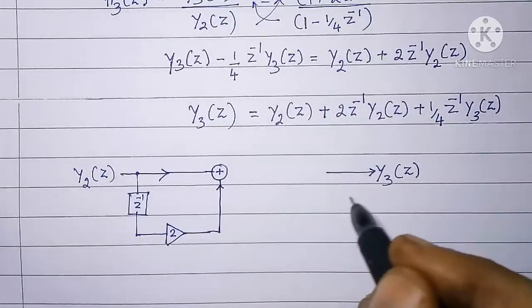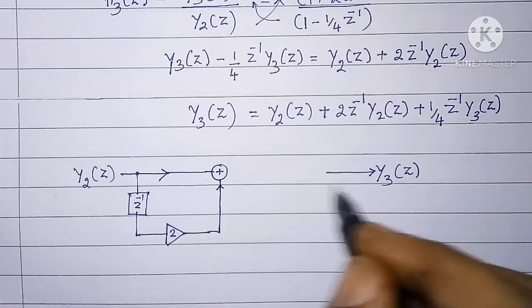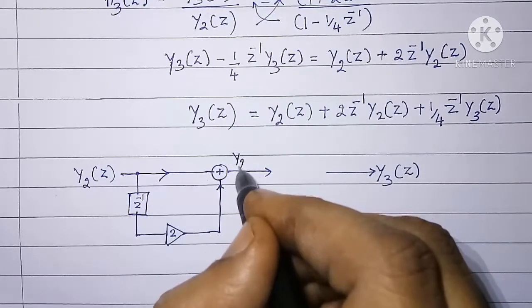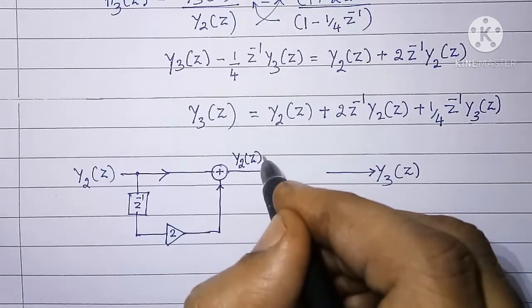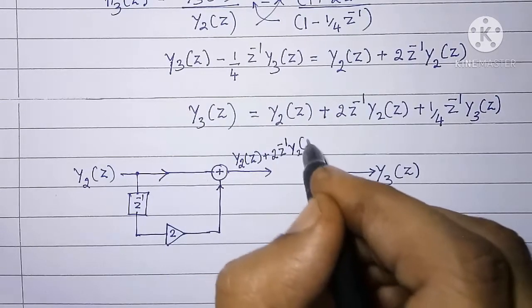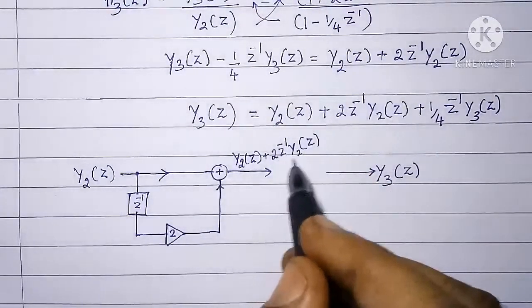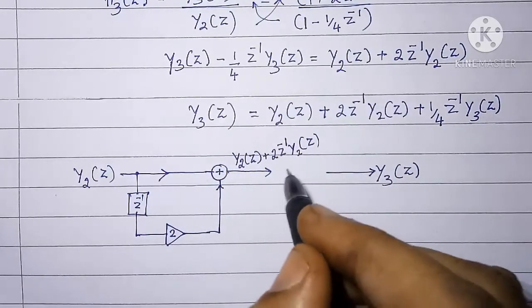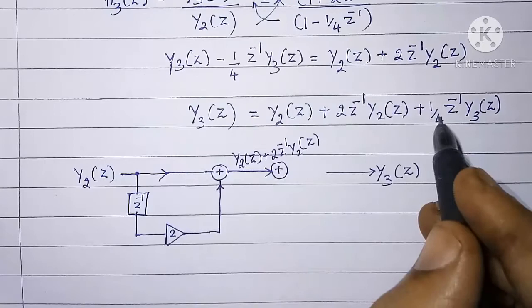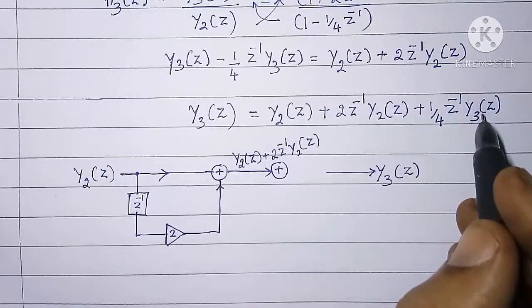Next, to the sum here. What is the sum here? Sum is y2 of z plus 2 into z raised to minus 1 into y2 of z. To this sum you have to add 1 by 4 times z raised to minus 1 y3 of z.